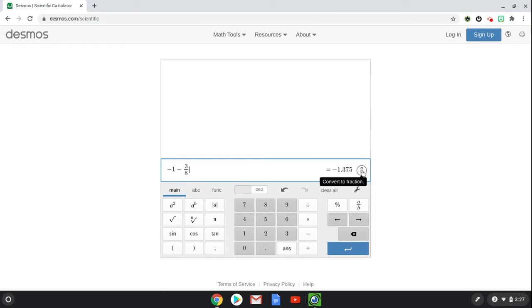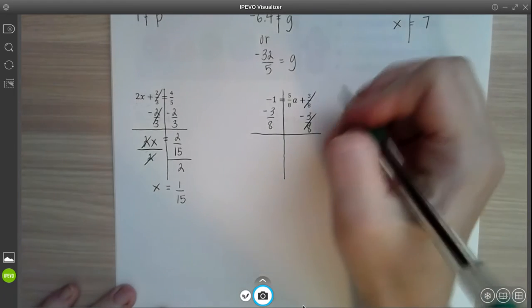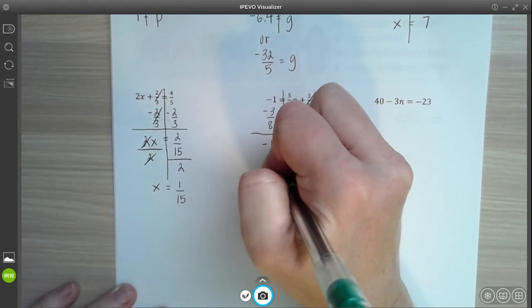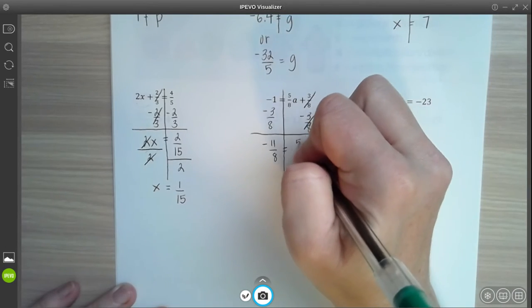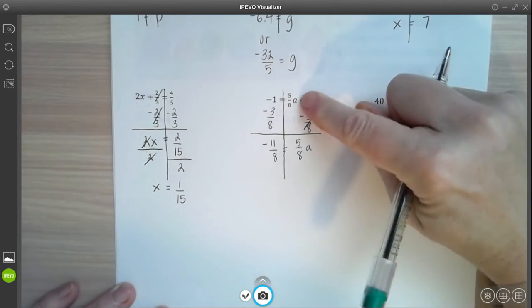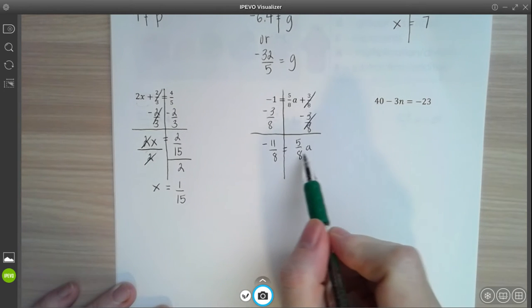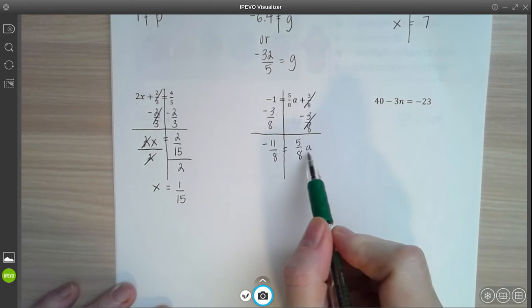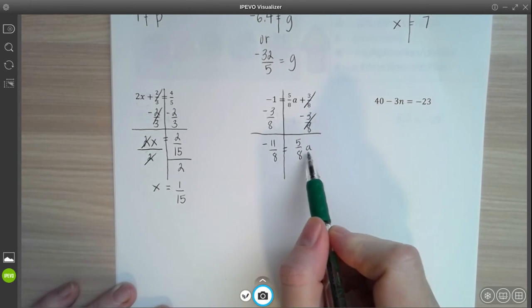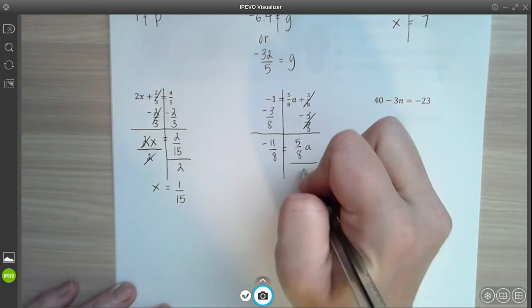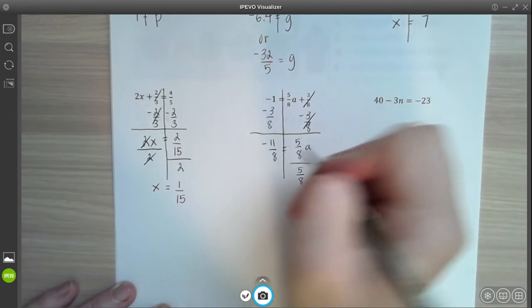Okay, I'm going to change that to a fraction. It's -11/8. And I'm bringing down that 5/8 a. All right, so now I need to get rid of this 5/8 times a. To get rid of 5/8 times a, I'm going to divide by 5/8 on both sides.